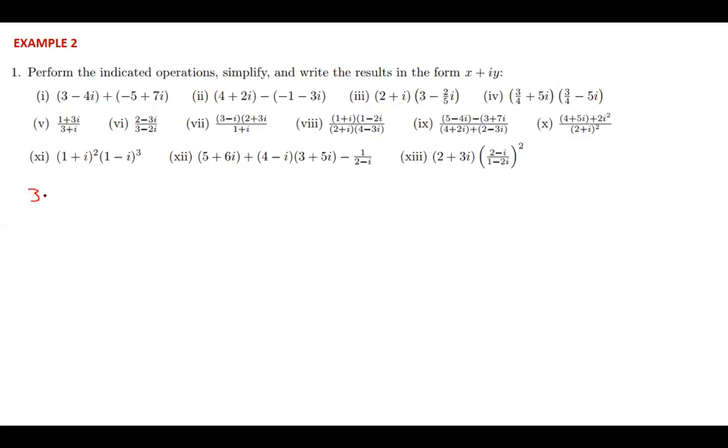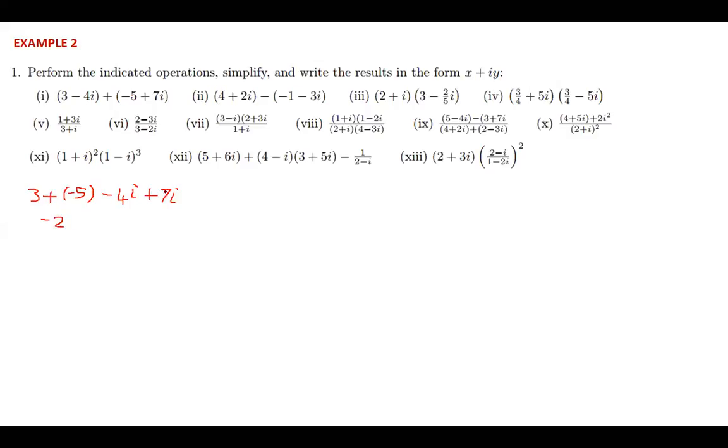So you add 3 plus -5, and then you also add your -4i to +7i. So I'm trying to answer A. When you add 3 plus -5, you get -2 here as your answer.